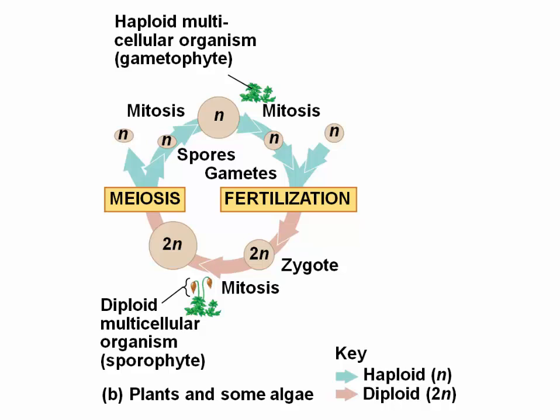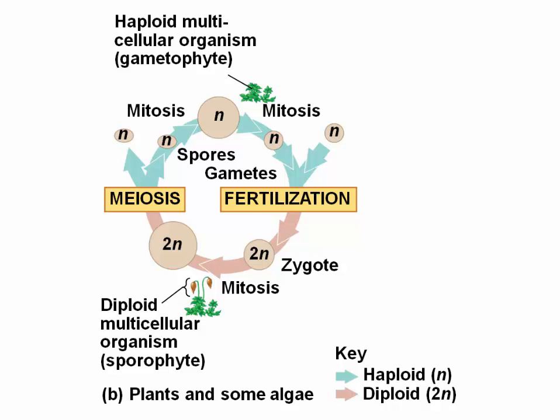If you look at the schematic, at the very top, let's start with the haploid multicellular organism, or the gametophyte. It already has half, so it's not going to undergo meiosis anymore, but it will undergo mitosis and become a nice little plant. However, when it needs to fertilize, it will fertilize with another gametophyte to produce a zygote, which is diploid, and that stage is called the sporophyte, because that's the only stage that will actually produce new organisms.